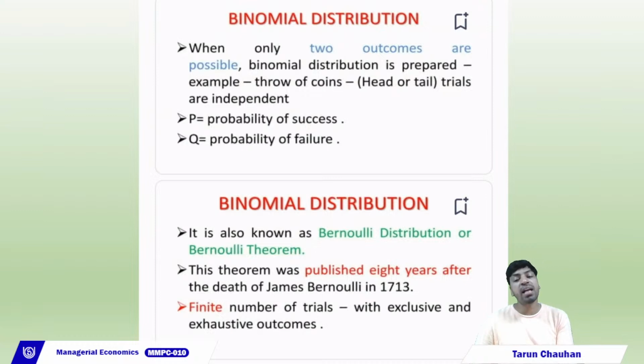Finite numbers of trials are always included, as it is a discrete distribution, so always include a finite number of trials with their exclusive and exhaustive outcomes.